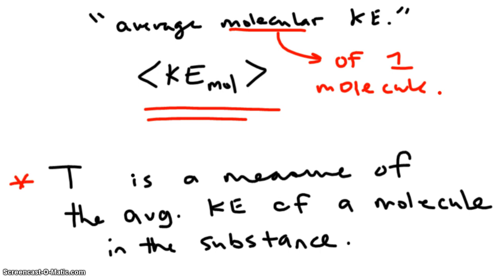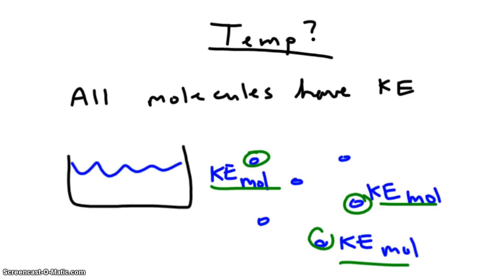But even with this definition, it's going to be a little hard to measure temperature. Here's why. You can't really measure very easily the kinetic energy of a single molecule. Measuring one molecule's kinetic energy is kind of challenging. But think about how many molecules there are in a single cup of water.